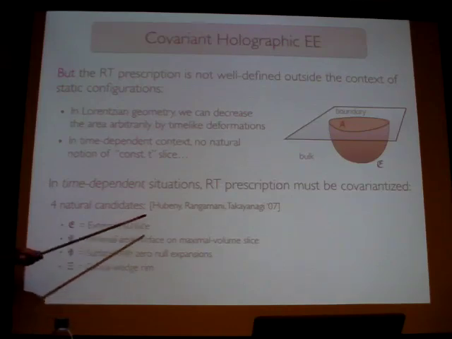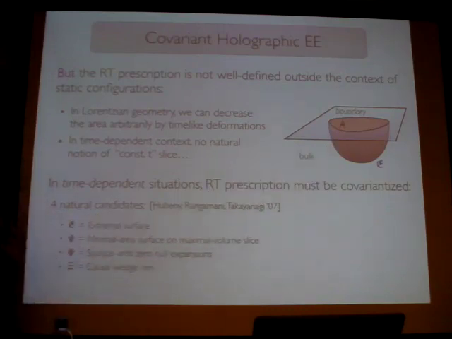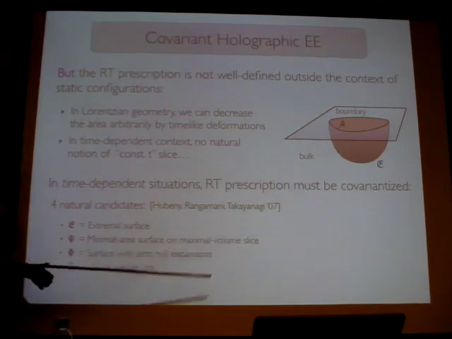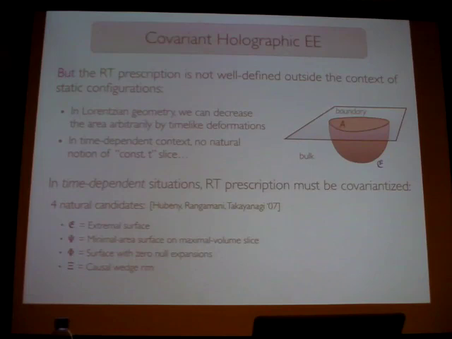Now, many things in the Ryu-Takayanagi proposal were very easy to prove due to this minimization. So if you're wedded to keeping a minimization character, you could take a special geometrically preferred spacelike slice of the bulk, say one that maximizes the proper volume, and on that take a minimal surface. That's possible. That's fully covariant.